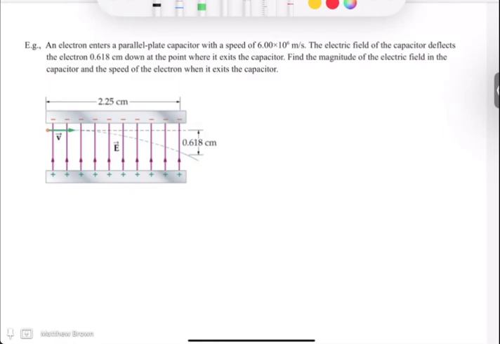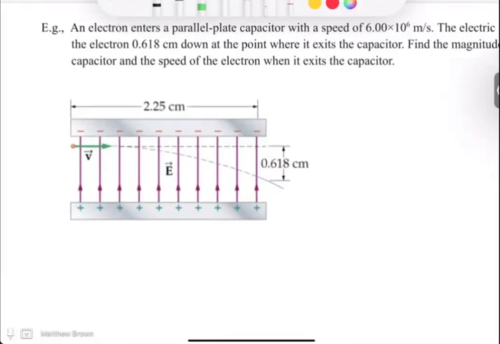So we're saying there is some electric field in here, we just don't know what it is, right? We could have some sort of coordinate system here if we wanted. The electron's moving that way, so let's say this is the positive x direction, and why not make that the positive y direction? That is the direction it actually deflects.